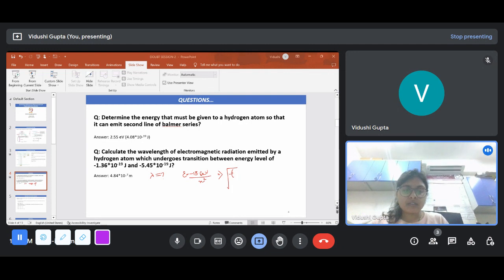So the value of n will turn out to be under root minus 1.36 into 10 minus 19 divided by 13.6.